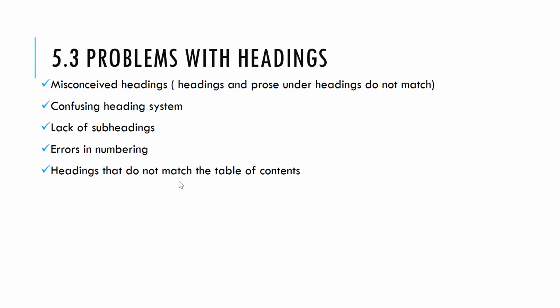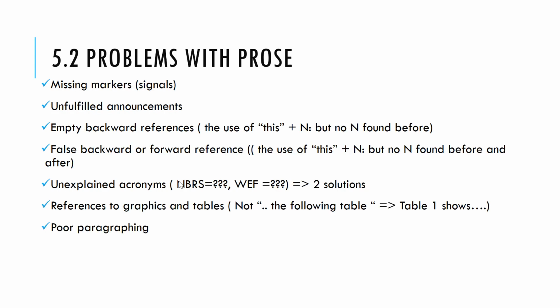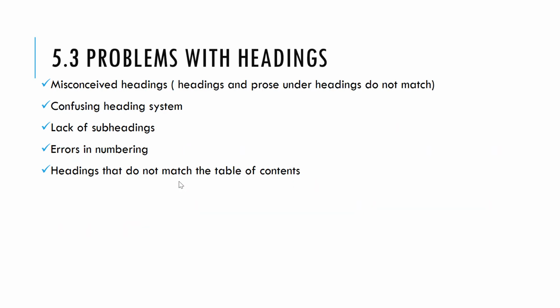The table of contents should be checked after all other editing work is complete. So, I hope that you can make a checklist for yourself now by summing up all of the subheadings in sections 5.2 and 5.3, and you now have a very long checklist to do with the structural editing, right?